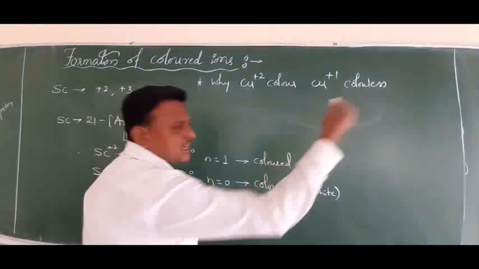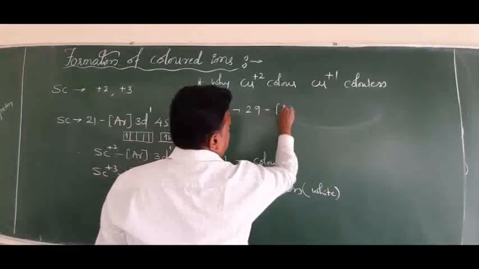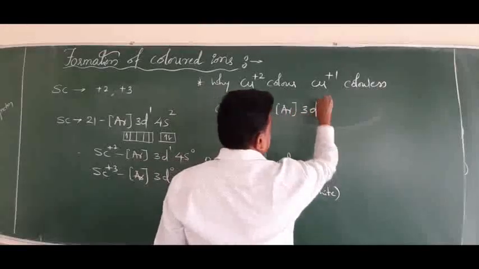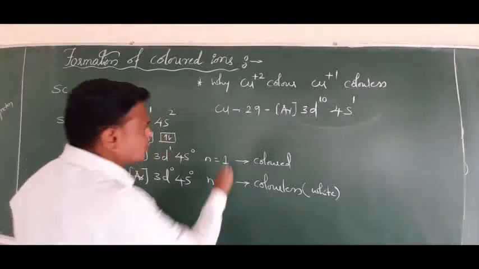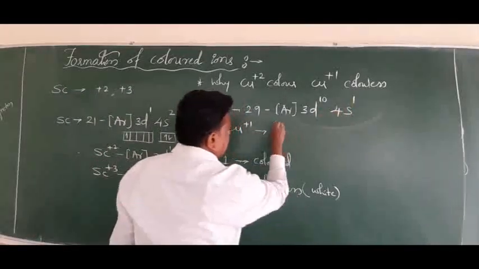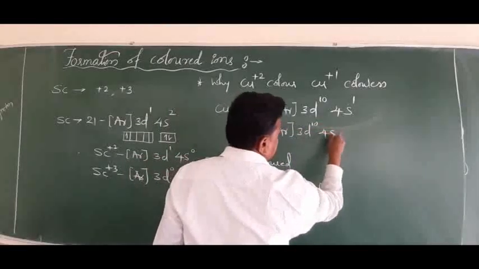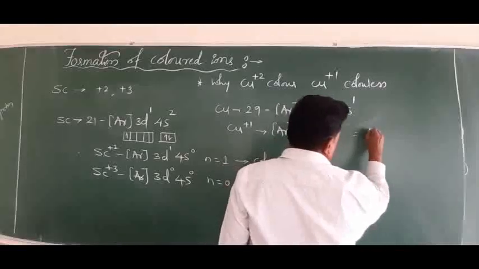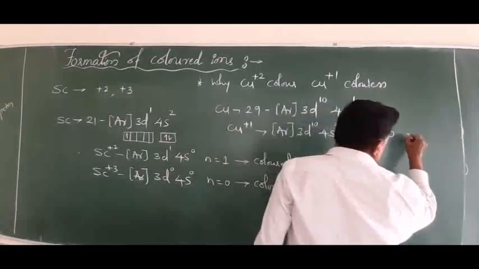Copper +1 is colorless. We know the answer, friends. Copper is 29, argon 3d10 and 4s1. Copper +1 stands for loss of 1 electron, so argon 3d10 and 4s0. Therefore, n is equal to 0. There is no unpaired electron here. N equal to 0.